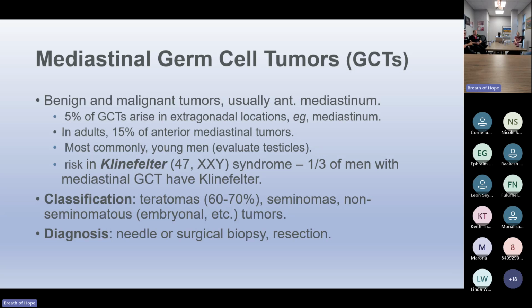There's a risk in Klinefelter syndrome, which is 47XXY syndrome. One third of men with mediastinal GCT have Klinefelter syndrome. Classification, of course, is teratomas in 70%, seminomas, and non-seminomatous tumors. Diagnosis is by needle or surgical biopsy, and resection.